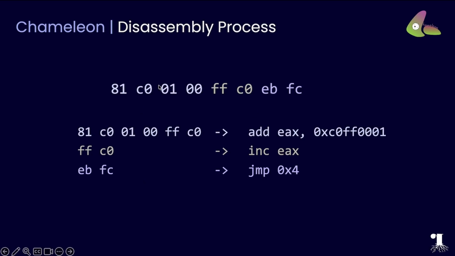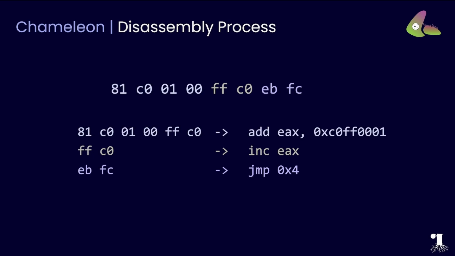In this case, you can see the add instruction that we saw before and the jump instruction. But as you can see, there's an embedded increase instruction within the add instruction. So if we had trusted this data, we would have lost this increase instruction, so we would have lost information.